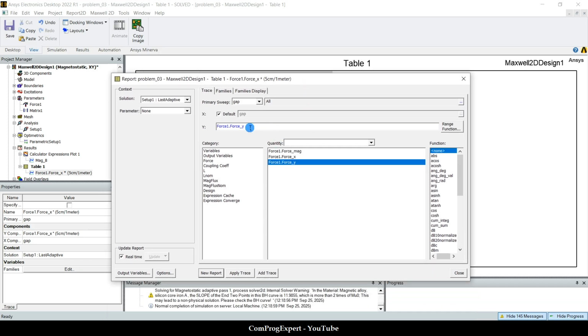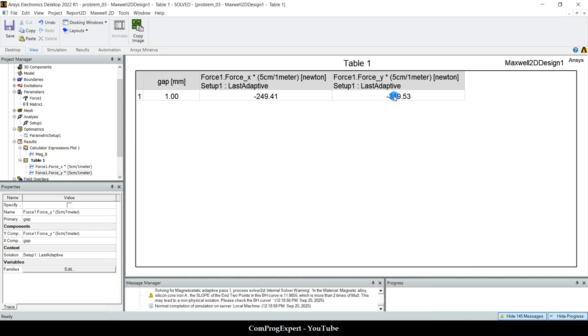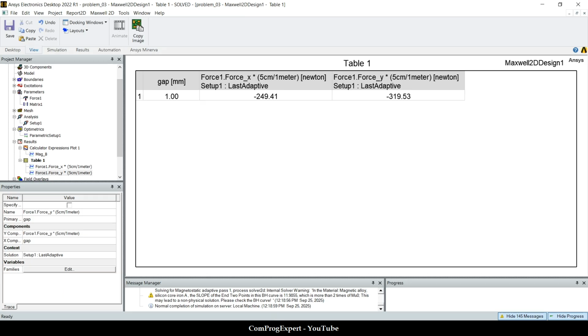And what is the Fy? The trace is equal to this one. Perfect. Okay, so yes, this is the number that we calculated, neglecting the energy in the core, neglecting the reluctance of the iron. And this is what we calculated in ANSYS Maxwell.